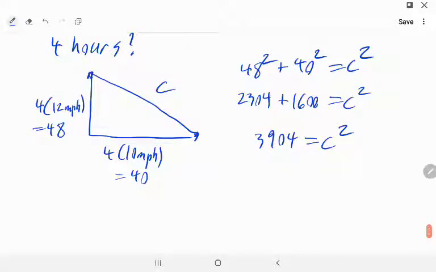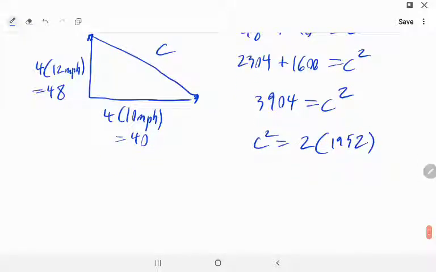If we wanted to do things the hard way, we could look at C squared equals 2 times 1952, which is then 2 times 2 times 976.